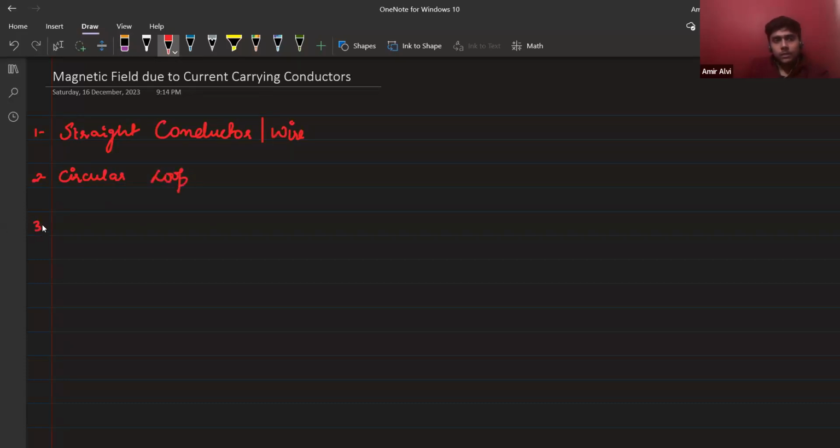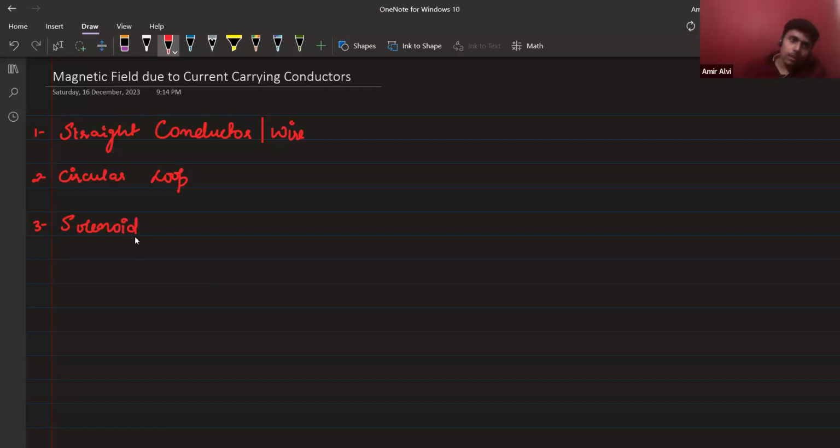Third is the solenoid. A solenoid is an extension of a circular loop. So we have three shapes of conductors, which tell you the kind of pattern they will form.